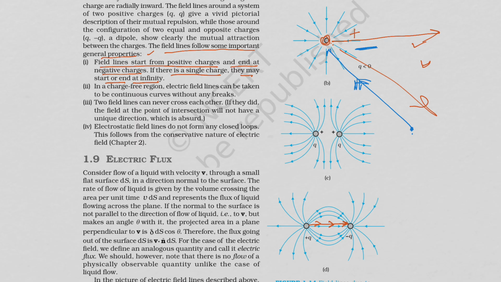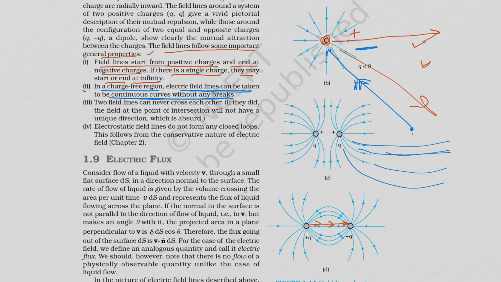Alright, the second property is, in a charge-free region, electric field lines can be taken to be continuous curves without any breaks. There is no break actually.